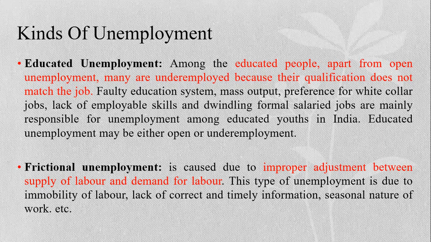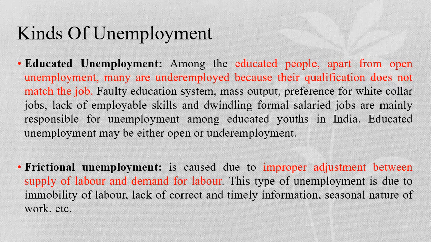Why does it happen? Because of a faulty education system. You might have seen in India that every year lakhs of engineering students pass out, but no one is getting a job, or very few people are getting jobs. So that is underemployment. Educated people are there, but still they are not getting the jobs which they deserve, or they are overqualified for that job.